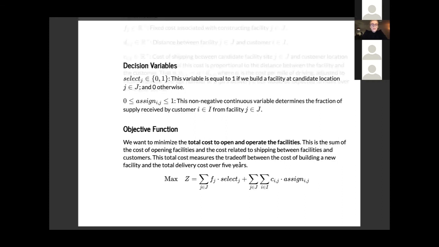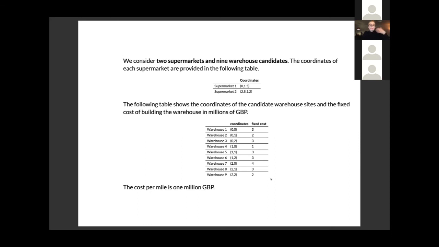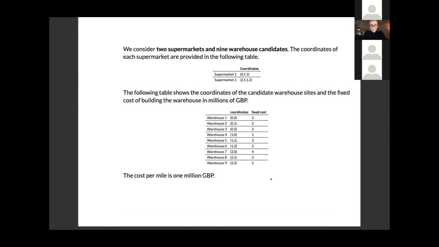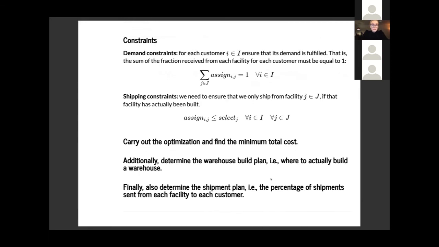So the 1 million British pounds is such a large amount because it's already assumed that you're dealing with this setting for 5 years. And then, of course, there are 2 constraints: the demand needs to be fulfilled, and we can only ship from facilities that have actually been built.